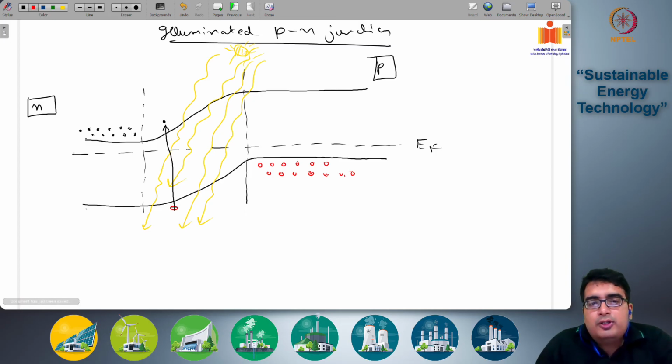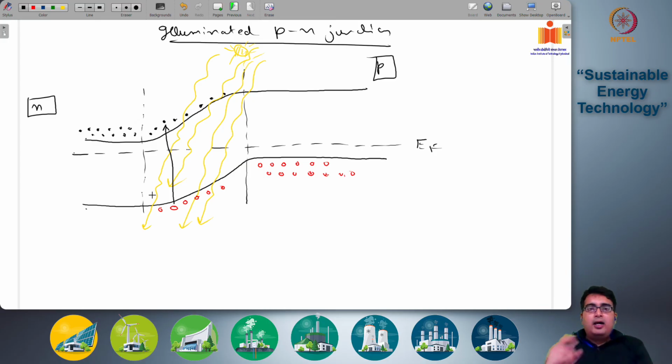Okay. So this promotion will leave a hole in the valence band and an electron in the conduction band. So you will get a series of holes that are being generated here and a corresponding series of electrons that are being created at the bottom of your conduction band.